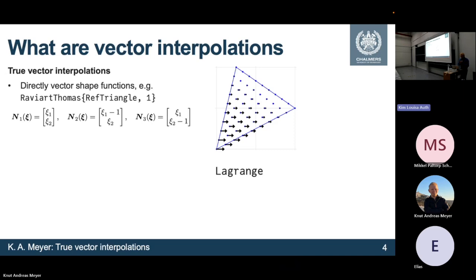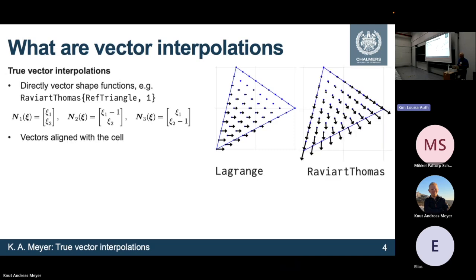So what is the difference if I go to a true vector interpolation? First of all, the shape functions are now defined as vectors from the start, so there is no scalar interpolation we start with. This is a so-called HDiv type of interpolation. What's special is that the shape functions are now aligned with the reference cell in the mesh.